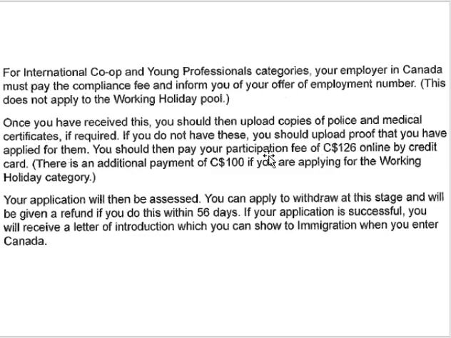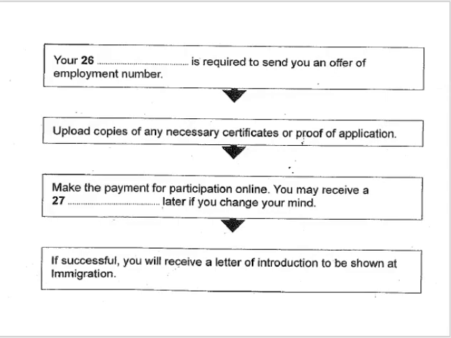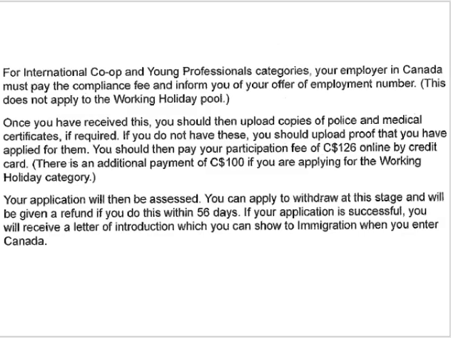Okay, so you need to pay a participation fee of 126 Canadian dollars online by credit card. There is an additional payment of 100 Canadian dollars if you are applying for the working holiday category. Okay, but is there anything given that you may receive a dash if you change your mind? No. So your application will then be assessed.